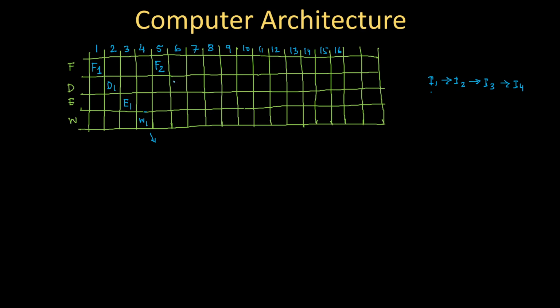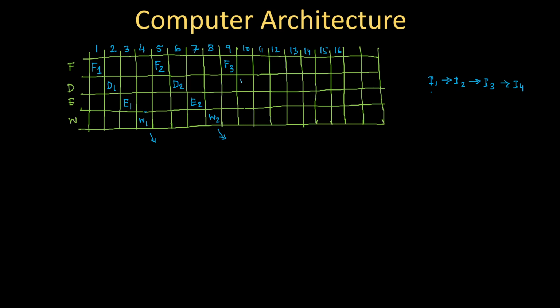In the 6th clock cycle, so after F2, D2 will start, and then in the 7th clock cycle, say E2 will start, and then naturally W2 will start as we have seen for the previous case, and it will come out from the pipe, and then the F3 can be started, right?